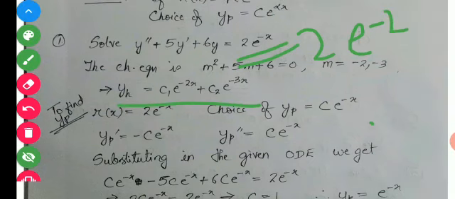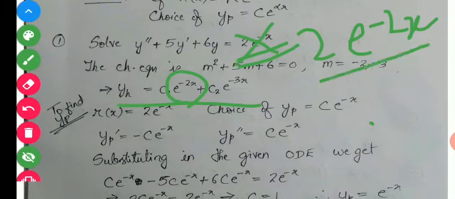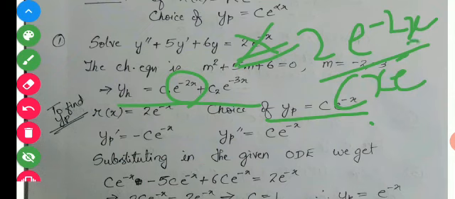Then the problem is your right hand side involves e raised to minus 2x, and in your yh also one solution is e raised to minus 2x. So here you will have a problem. If your right hand side was e raised to minus 2x, then the choice of yp will not be c e raised to minus 2x. The choice of yp will be c into x into e raised to minus 2x.